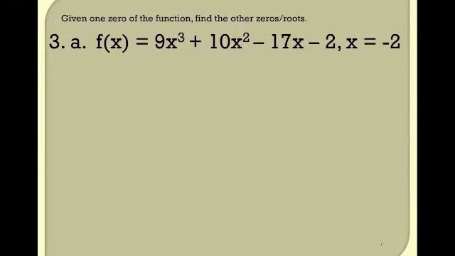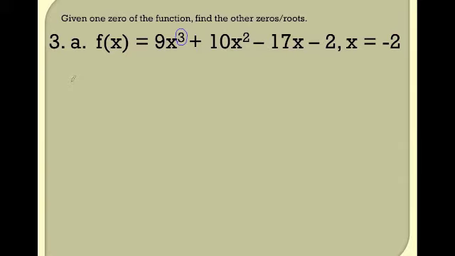Okay, given one zero of the function, find the other zeros or roots. Well, I know that because this is a third degree, I should have 3 roots. And I can use synthetic division to figure this out.